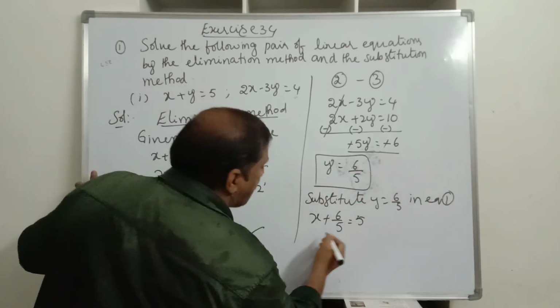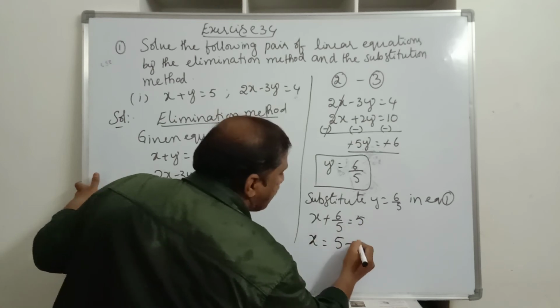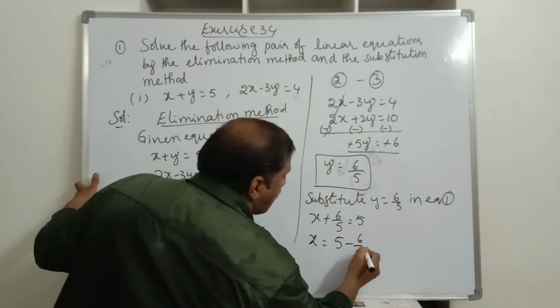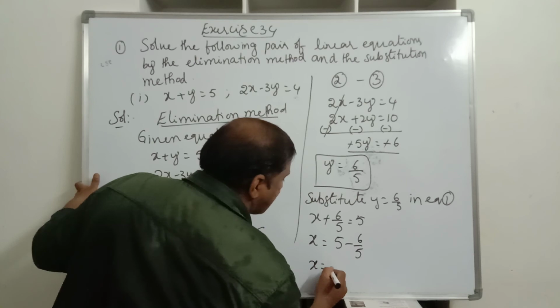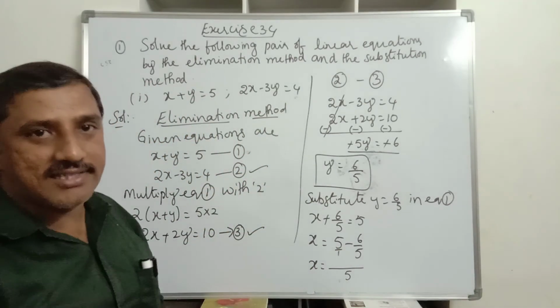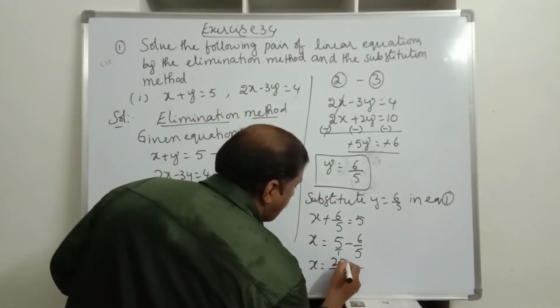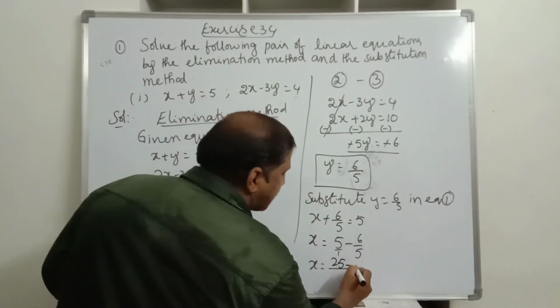Transpose 6/5 to the RHS, we get x equals 5 minus 6/5, and you take the LCM, that is 5. 5 by 1, 1 and 5 LCM is 5. 1 5s are 5, 5 5s are 25, 5 1s are 5, 1 into 6 is 6.